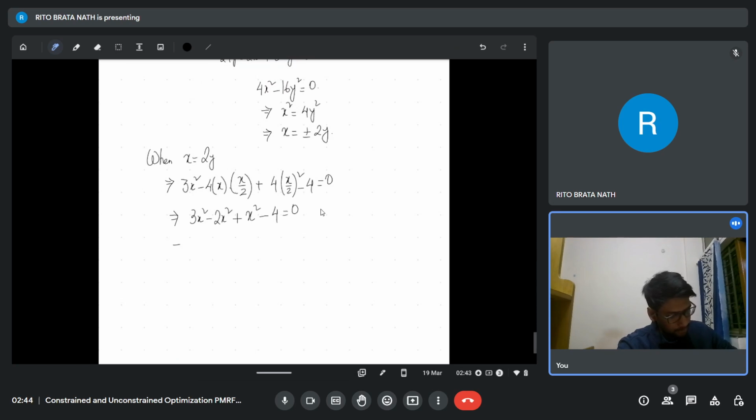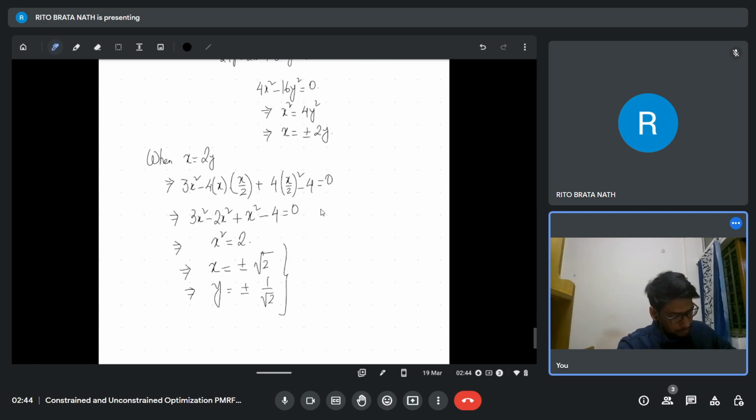So x square equals 2, and that means x is plus minus root 2, and that means y is plus minus root 2 by 2. When x is root 2, y will be x by 2, so that will be 1 by root 2.